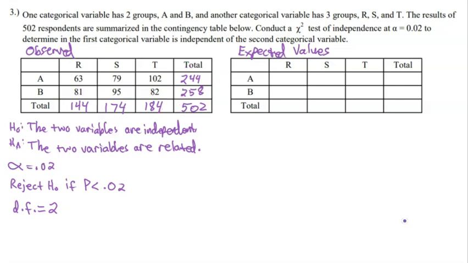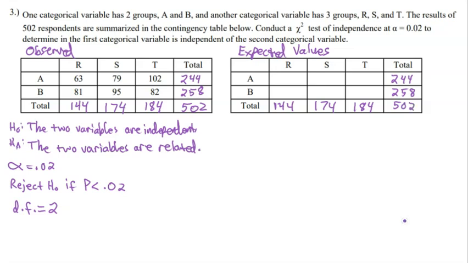Now we're going to carry these column totals over to the expected values table. So we're going to do 144, 174, and 184. And we're going to carry over these row totals, which are 244 and 258. And we're also going to bring over the sample size, which is 502.